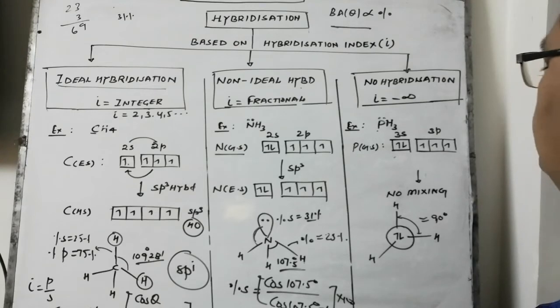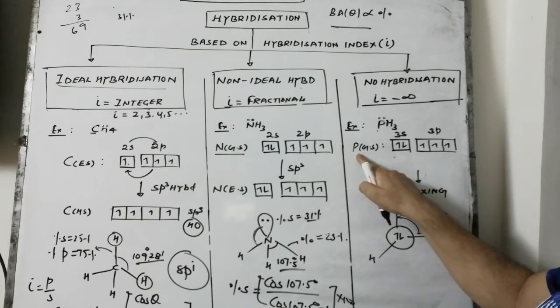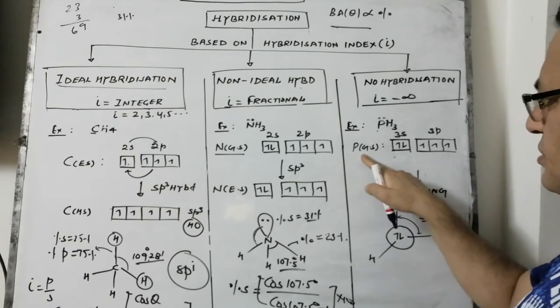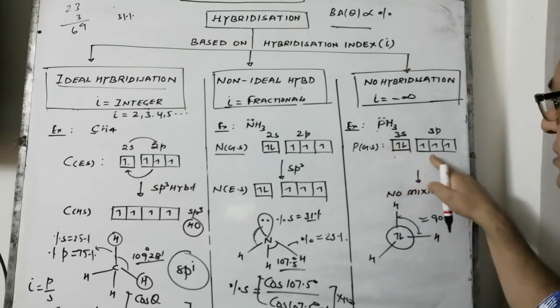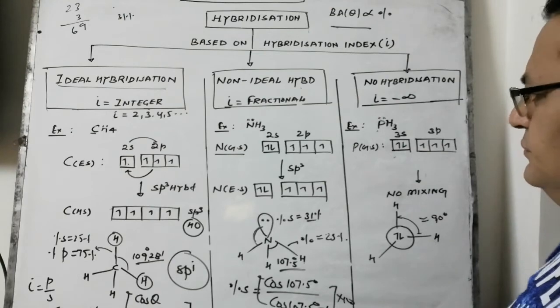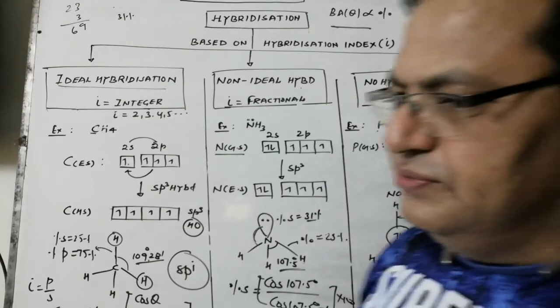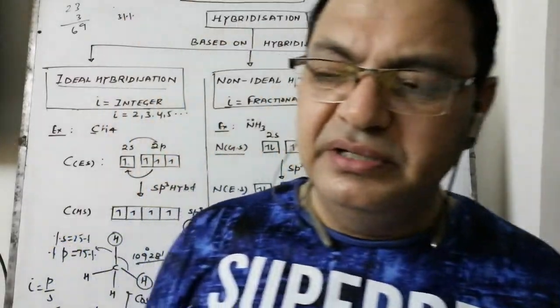What exactly happens in this case, if we go for the ground state electronic configuration? The ground state electronic configuration is 3s2 3p3. Is it clear? This is a very, very interesting situation.